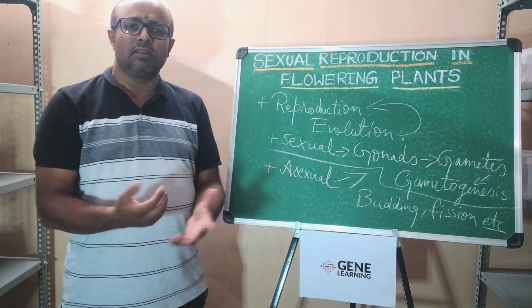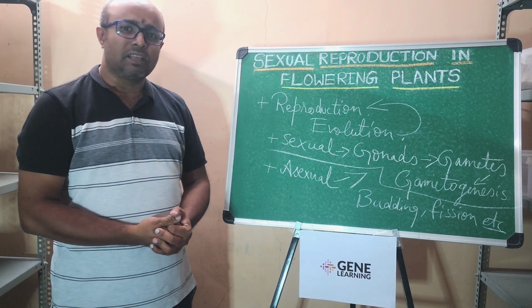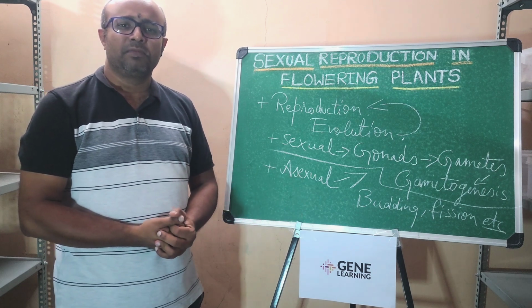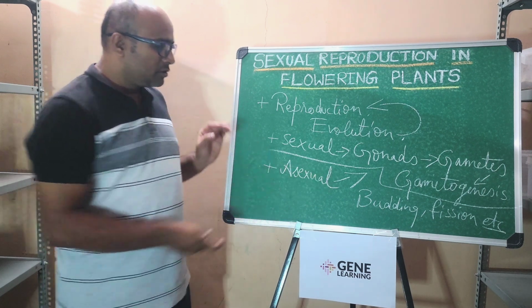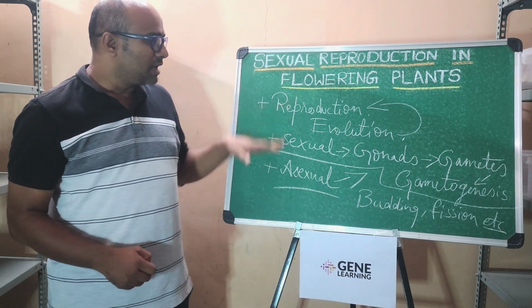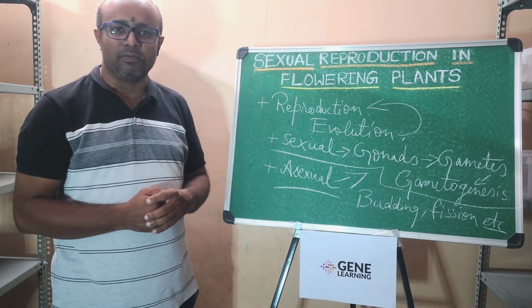Budding, you have seen it in sponges. Fission, we see this in bacteria, etc. There are different types of it. So that was a small introduction about the different types of reproduction which take place in an organism.